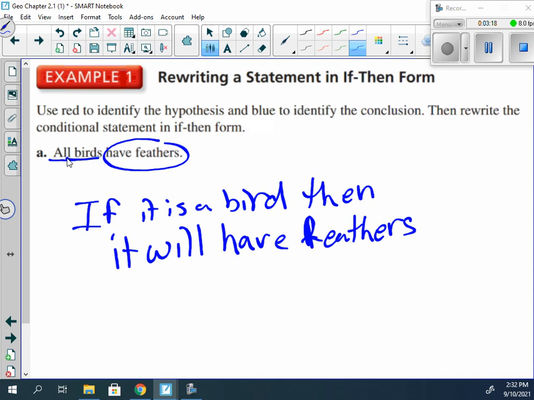This if-then form puts it in a way that we can prove it's a true or false statement. Because if it is a bird, if that is true, then will it have feathers? So we have this true-false statement that we can make. Any questions on this so far?